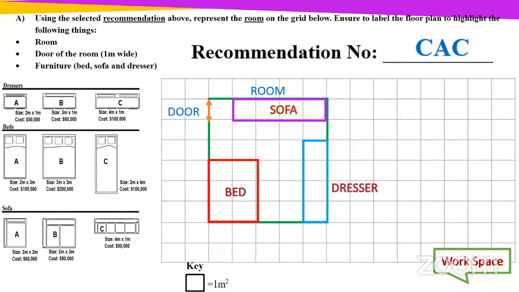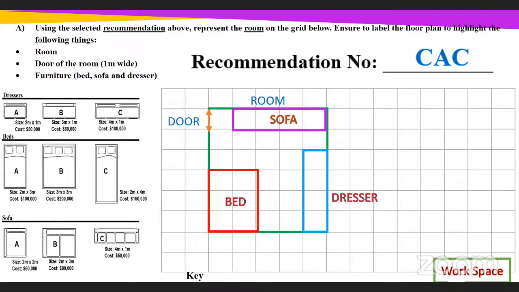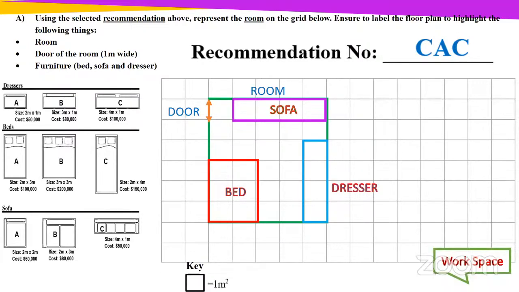Other persons could have arranged their rooms in other ways. This is just a sample, just to show you. But we have to remember that we must have workspace, the available walking space.